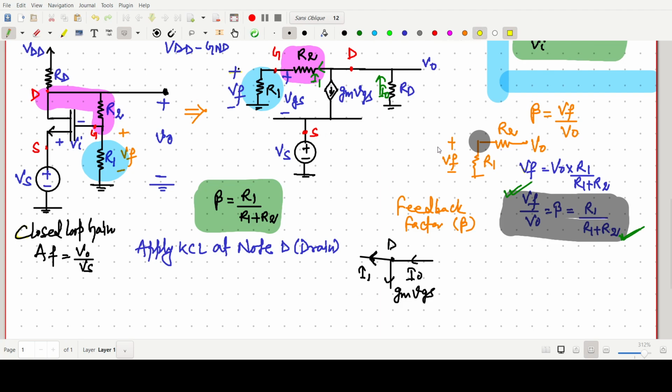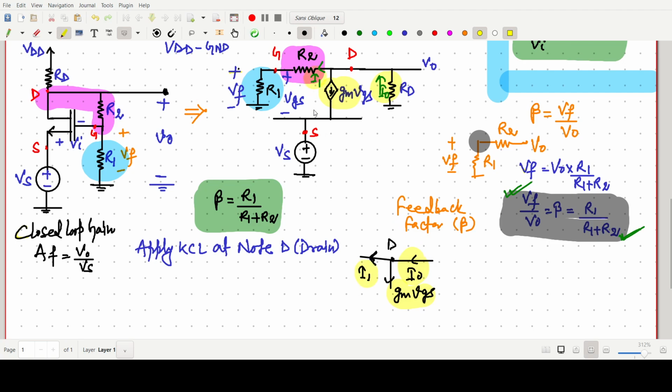Let's see. I naught is there, so this is the I naught current. gm VGS is there, and I1 is there.